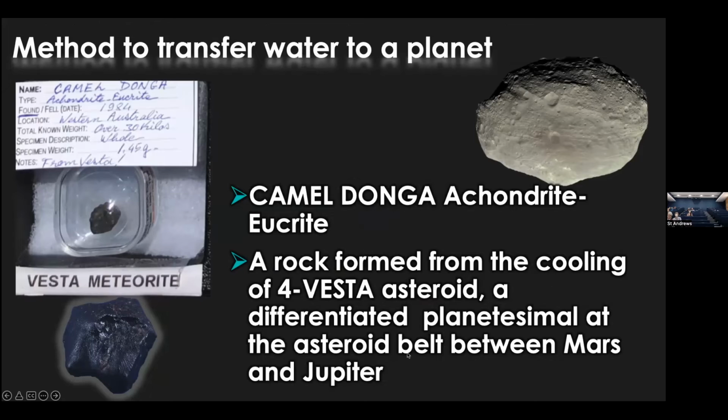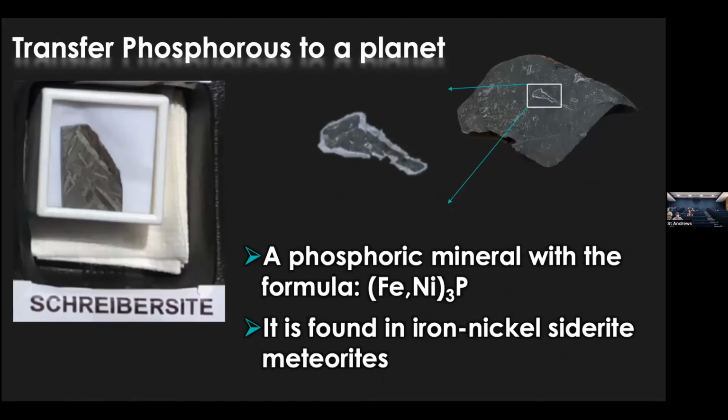Differentiated means processes similar to the ones that formed the crust on Earth. And this, of course, concentrates the water on the surface of the planets. That's why they could transfer some water to other planets and form, like Earth, for example, the oceans here.